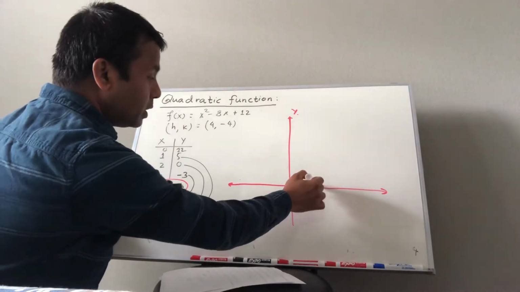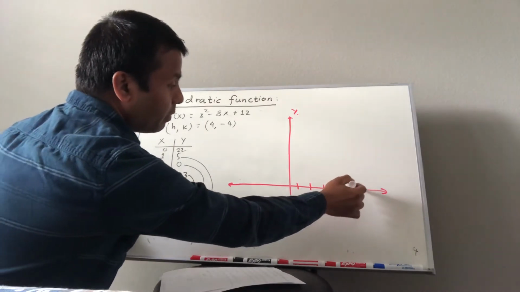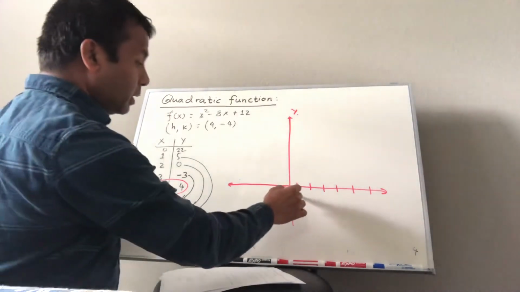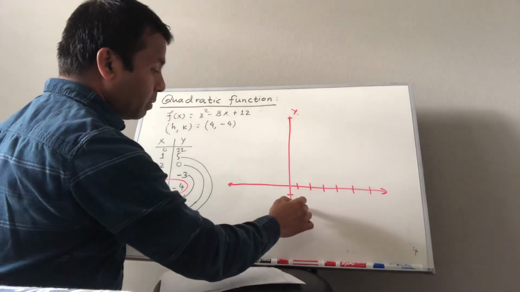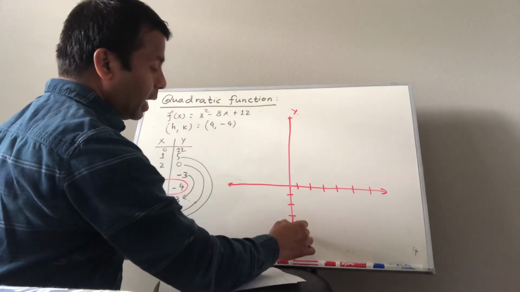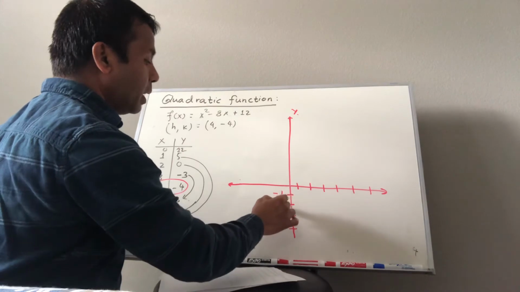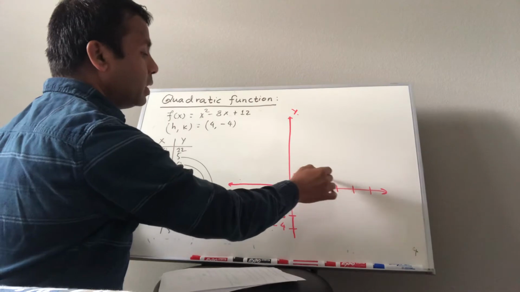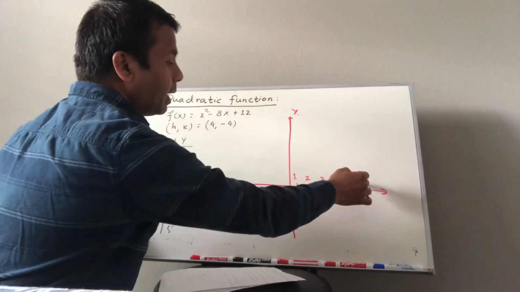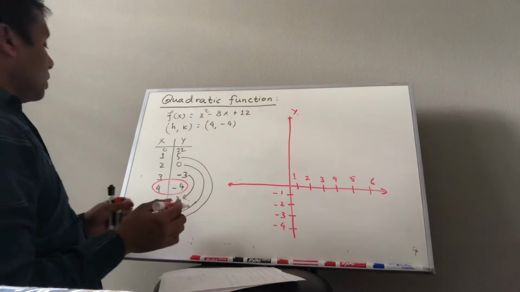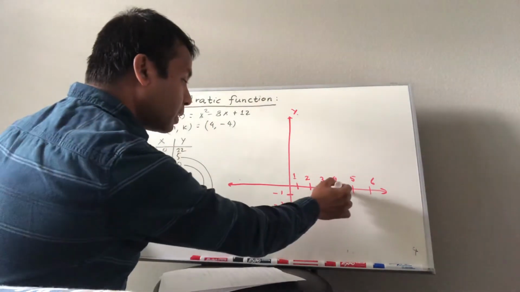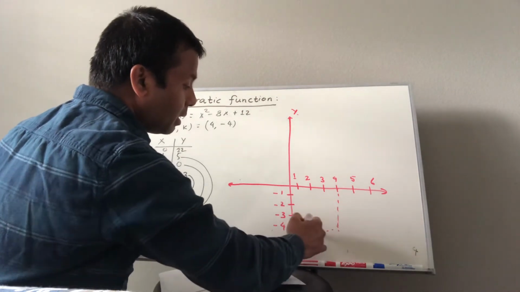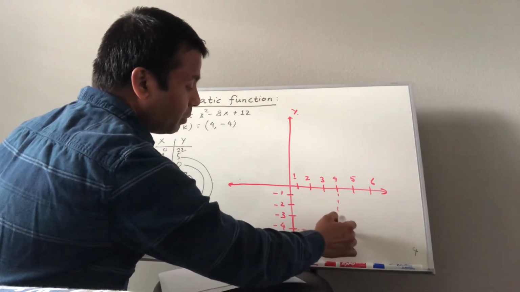This is 1, 2, 3, 4, 5, 6, and this is -1, -2, -3, -4. So (4, -4) is going to be right here. You see? So this is the vertex of the parabola.